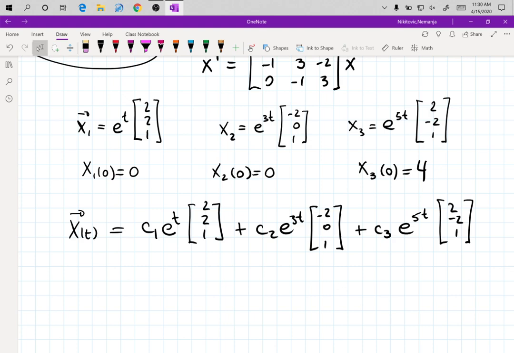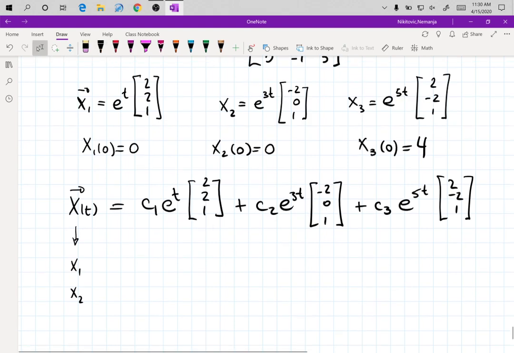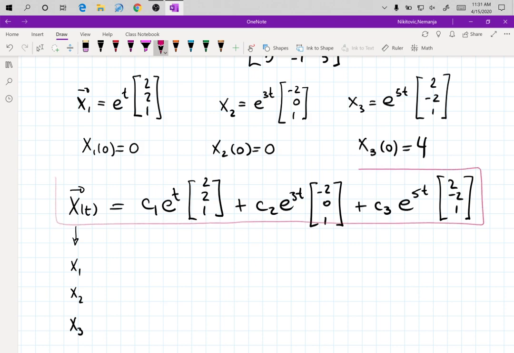We can write them, right? We can break them into x1, x2, and x3. So this is already a solution, but it's only the general solution because we haven't calculated these C's yet.